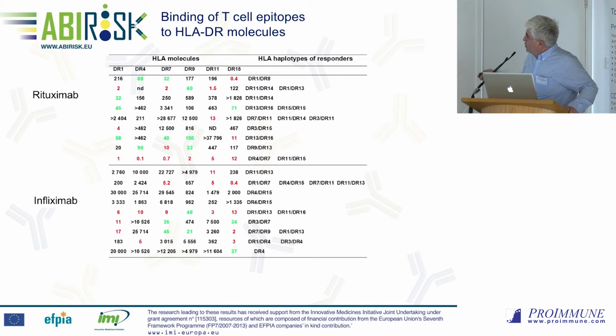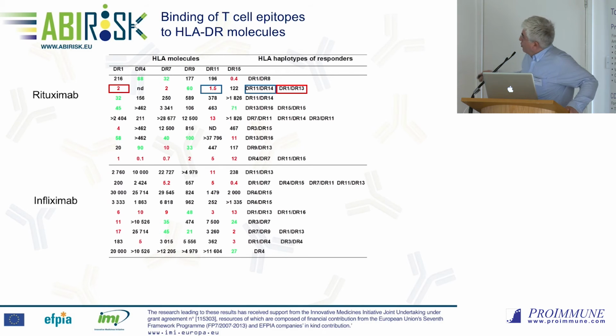To make the story short, the values in red correspond to very good binders, and in green, moderate binders. If we look at the binding activity, you can see, for instance, that this peptide is a very good binder to DR1, and one of the responders to this peptide is also DR1.